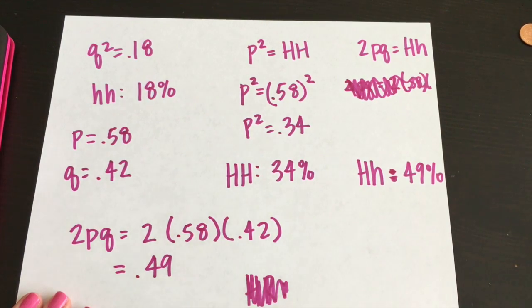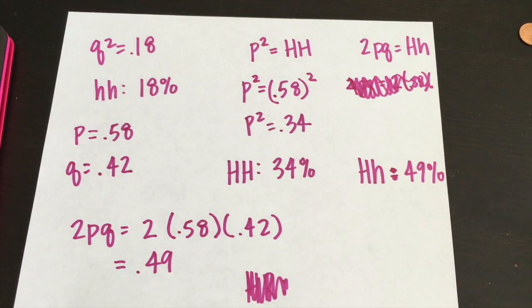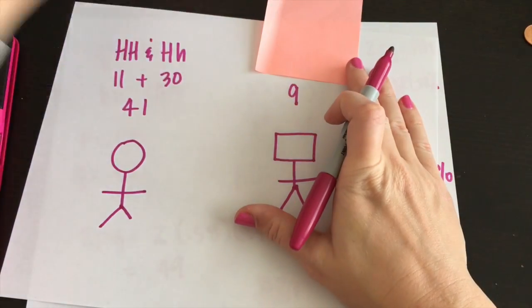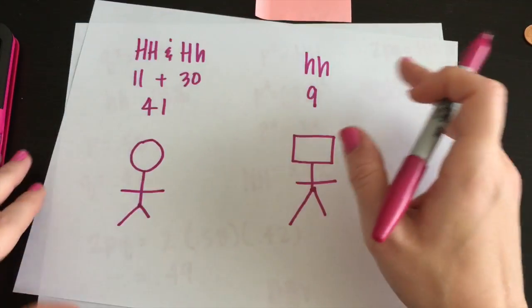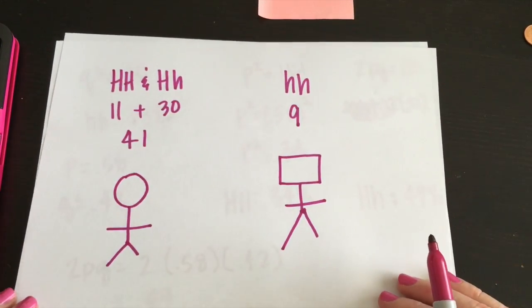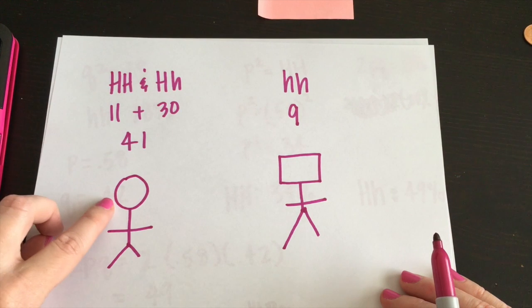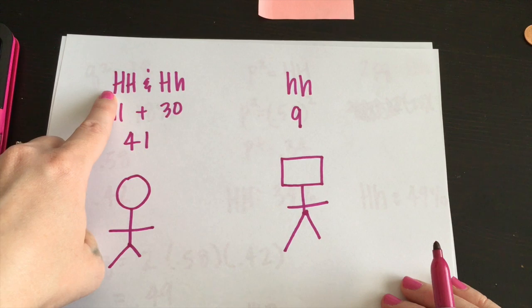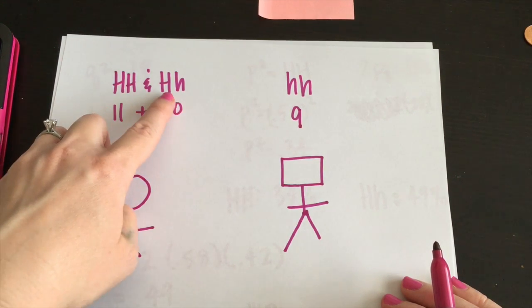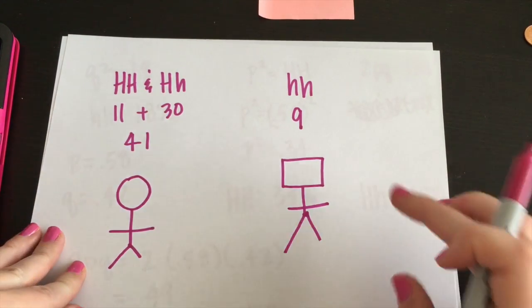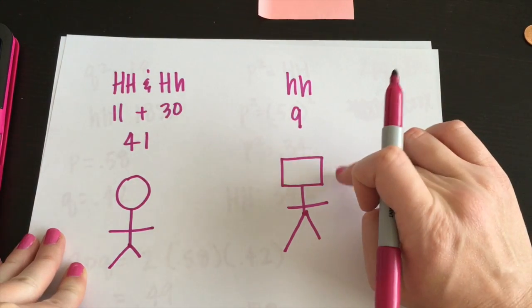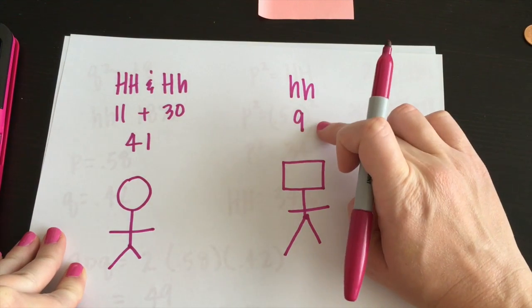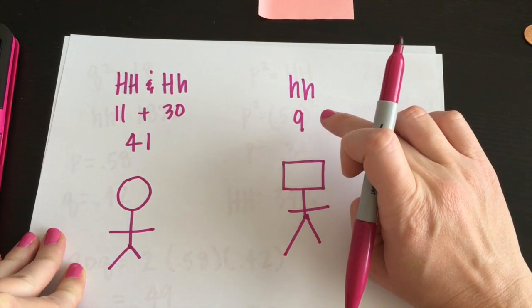So what we had in our population, we had 41 individuals that had a round head, okay? 11 of them were homozygous dominant, and 30 of them were heterozygous, okay? We had 9 of them that had a square head, or it's more like a rectangle, and that were homozygous recessive.